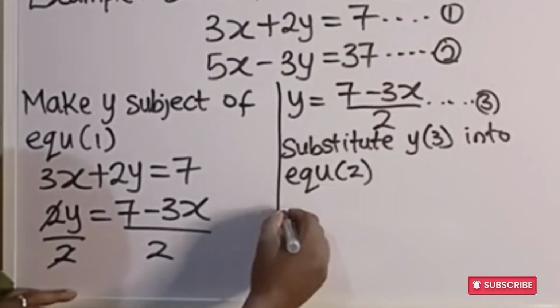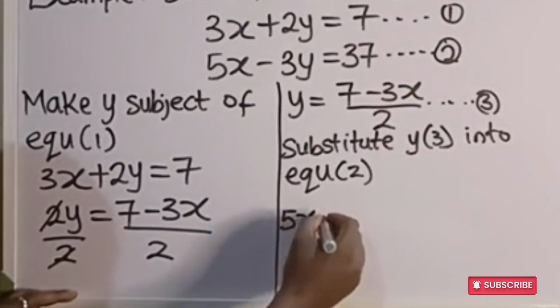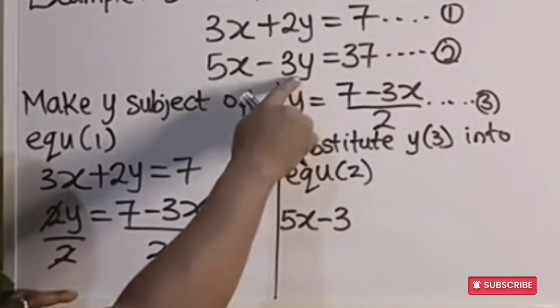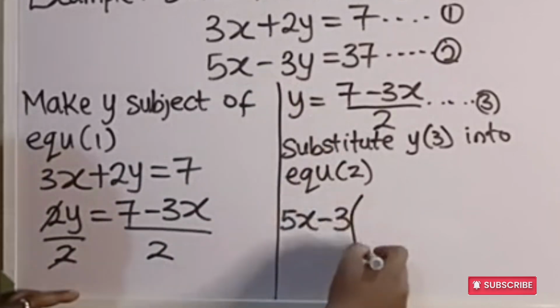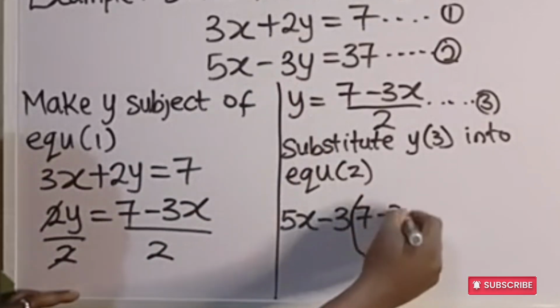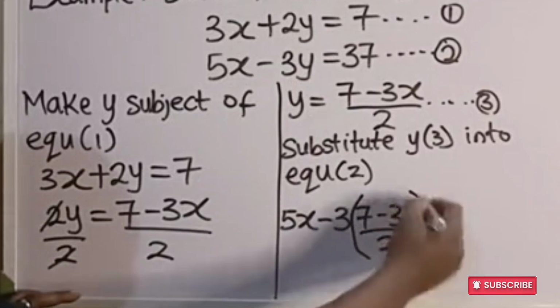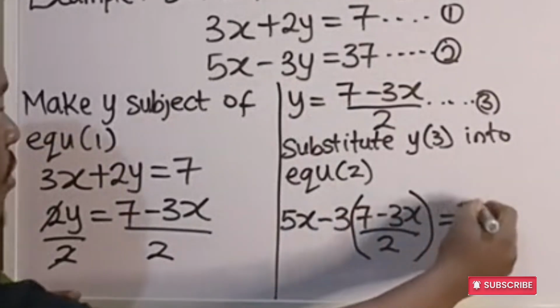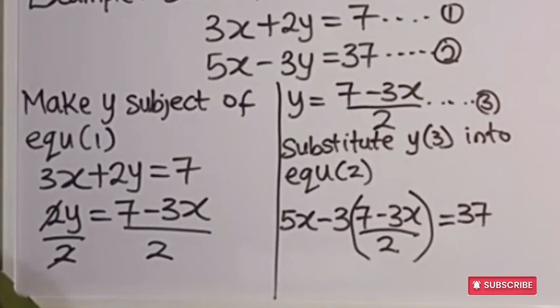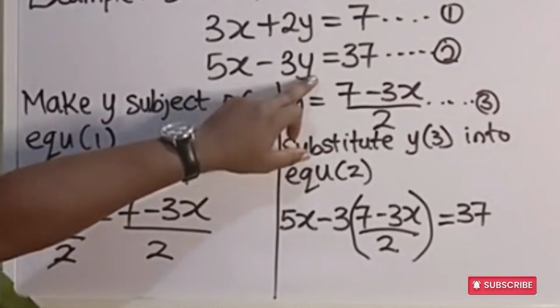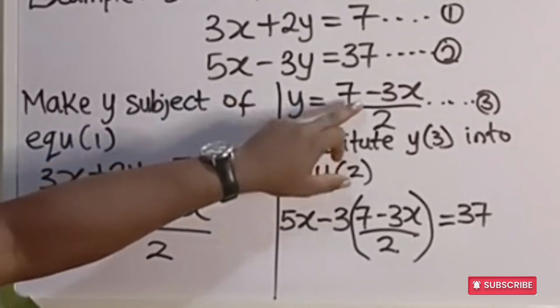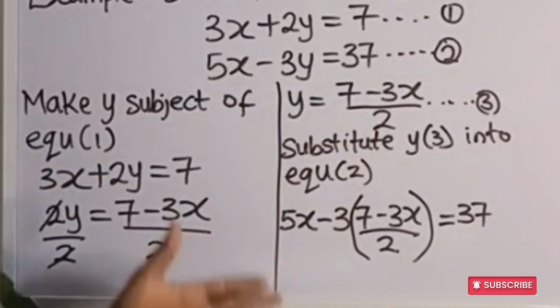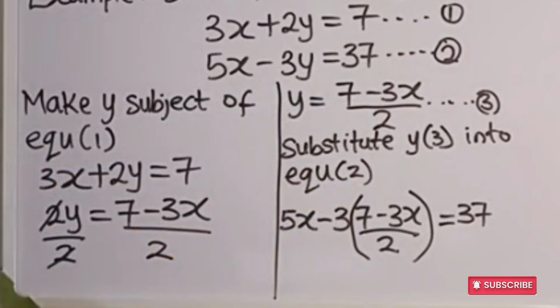So we have 5x minus 3, and this is supposed to be y, but I'm going to replace it with 7 minus 3x all over 2, is equal to 37. So I can easily replace it.